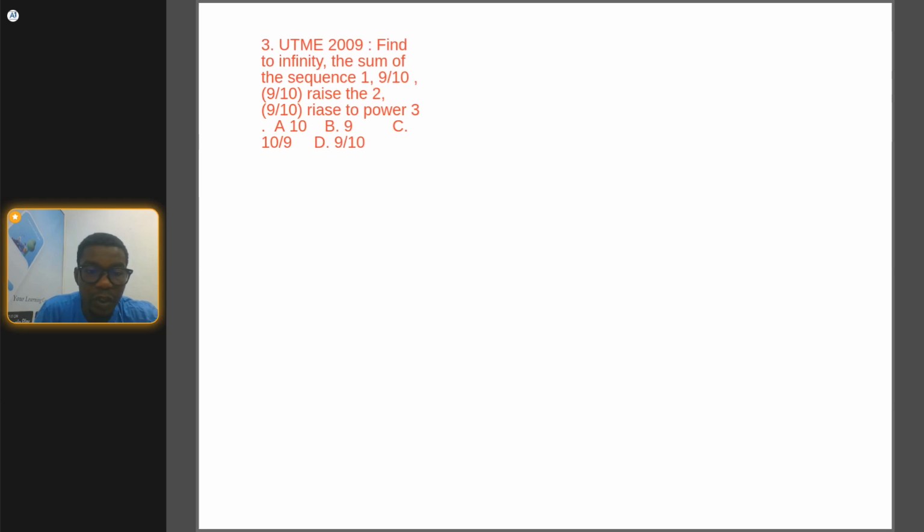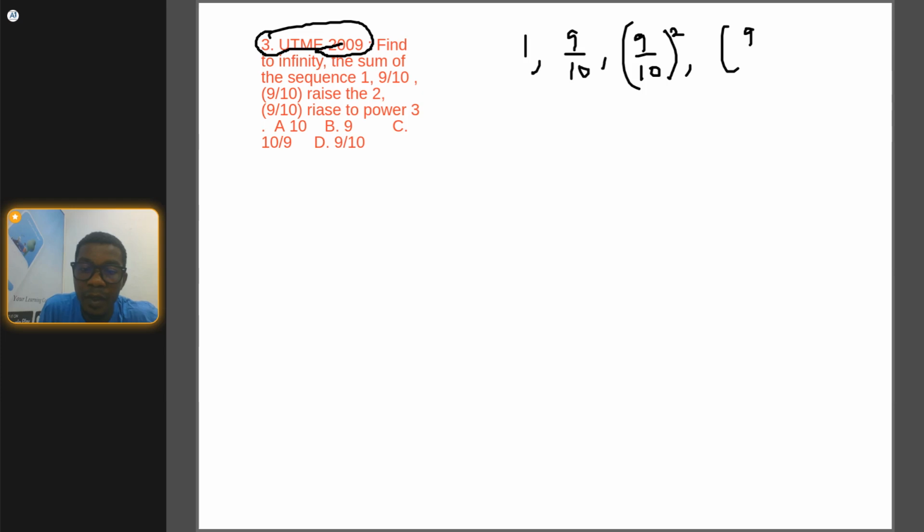Okay, so this is the question we want to solve. UTME question 2009. Find to infinity the sum of the sequence 1, 9 over 10, 9 over 10 all raised to the power of 2, 9 over 10 all raised to the power of 3, and so on.